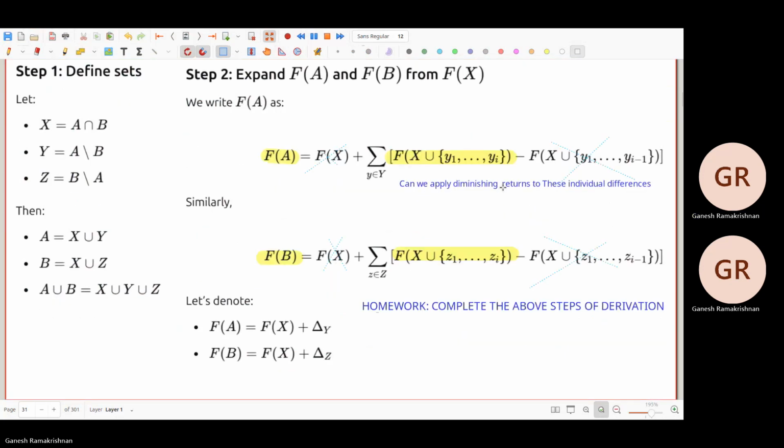Anyone? Can I just treat x union y1, y2, ..., yn minus 1 or whatever to be my P, my yi to be the s, right?